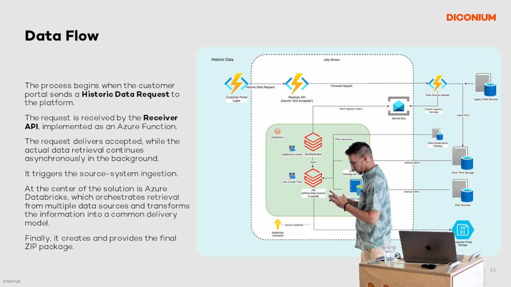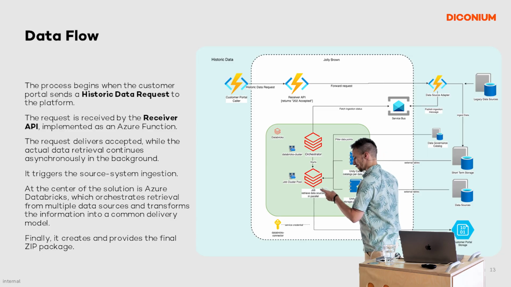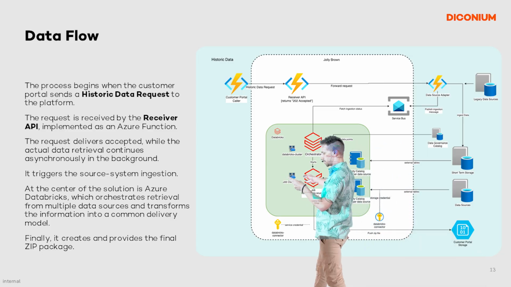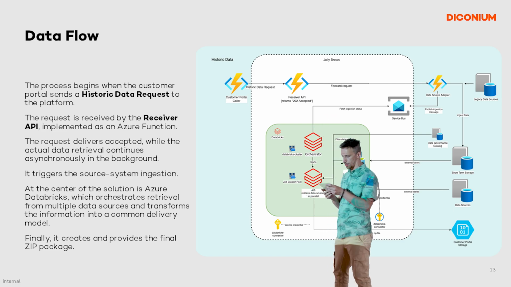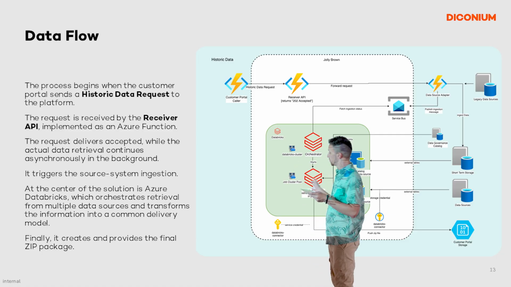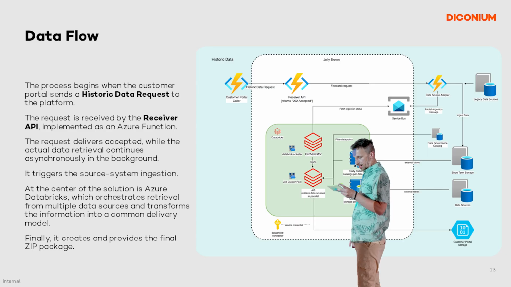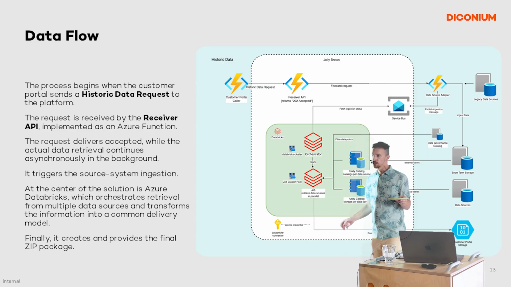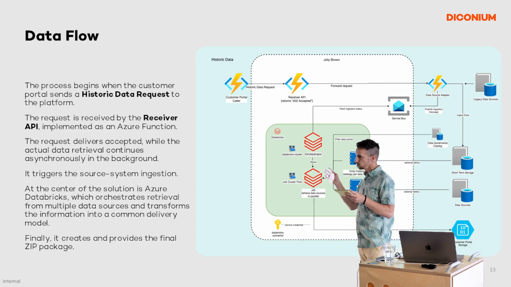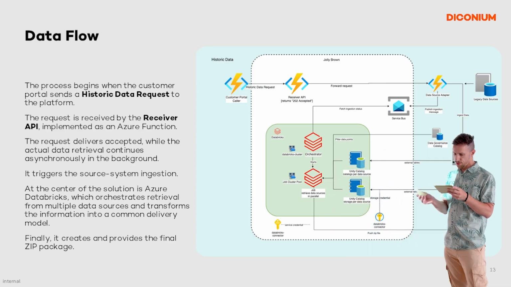So, coming to the data flow, let's have a deeper look on the processing of Jolly Brown. So the process begins here when the customer portal sends a request to the receiver API. The request is received by this one. This is an Azure function, and basically the request delivers accepted, while the actual data retrieval continues asynchronously in the background further.